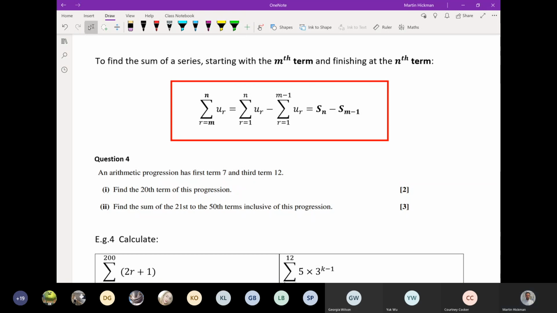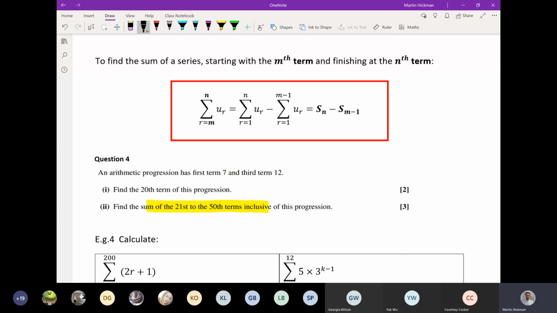In that question, you're asked to find the sum of the 21st to the 50th terms, inclusive, of the progression that you had. So if you're finding the 21st to 50th terms, you want the 21st term in there, 22nd, 23rd, all the way to the 50th term.